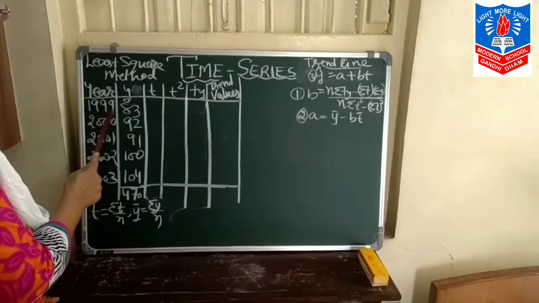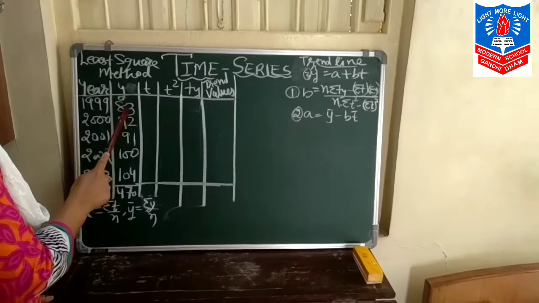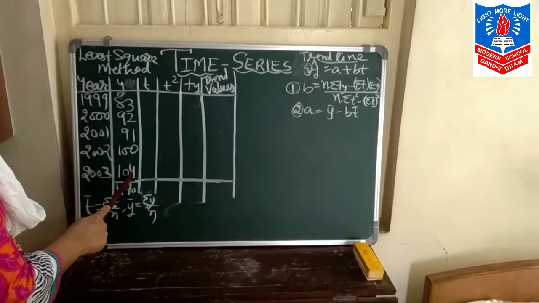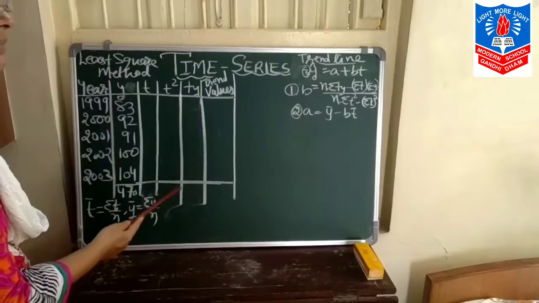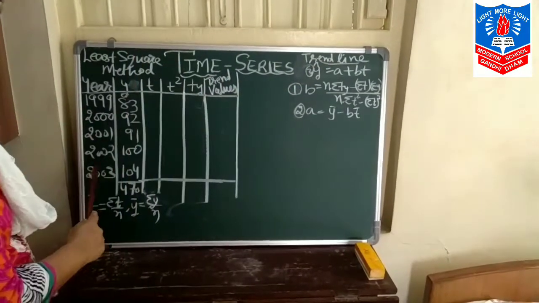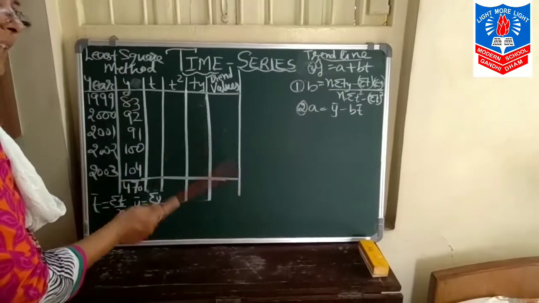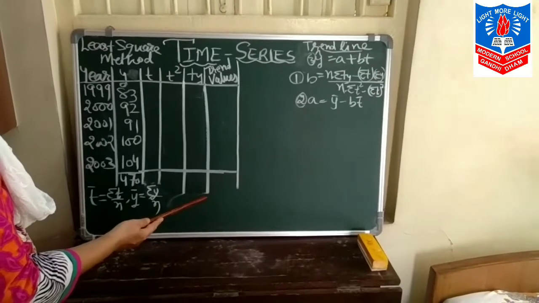That is, in 1999, say for example, 83 crores population was there. Same up to 2003. Now the estimated value of, say for example, 2005 will be what? That we can find with the help of this trend line in this type of sums. It is like regression only, missing values we are supposed to find.